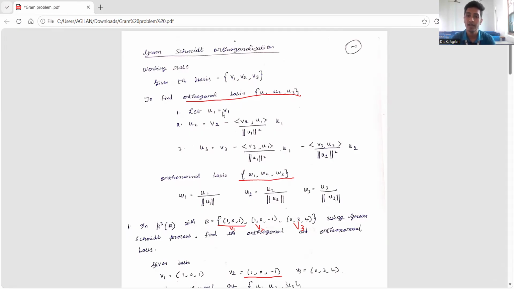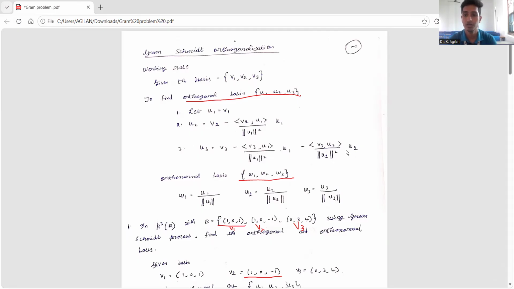So what is the U1 value? U1 is nothing but V1. And U2 is V2 minus inner product of V2 comma U1 divided by norm of U1 whole square into U1. Similarly, U3 equal to V3 minus inner product of V3 comma U1 divided by norm of U1 square into U1, minus inner product of V3 comma U2 divided by norm of U2 whole square into U2.